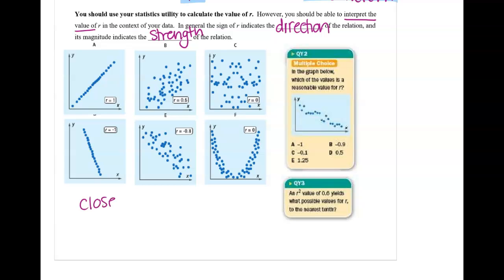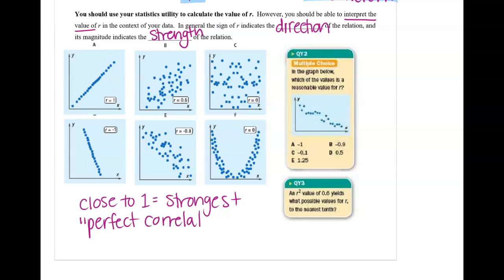So an R that's close to 1 is the strongest. A perfect correlation occurs when R equals plus or minus 1, and this means the points are in a line. So if the points make a line, then a line drawn will fit it perfectly.